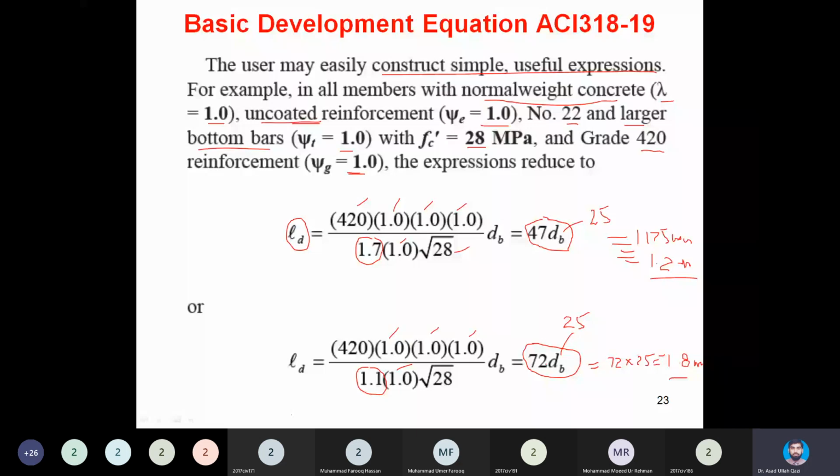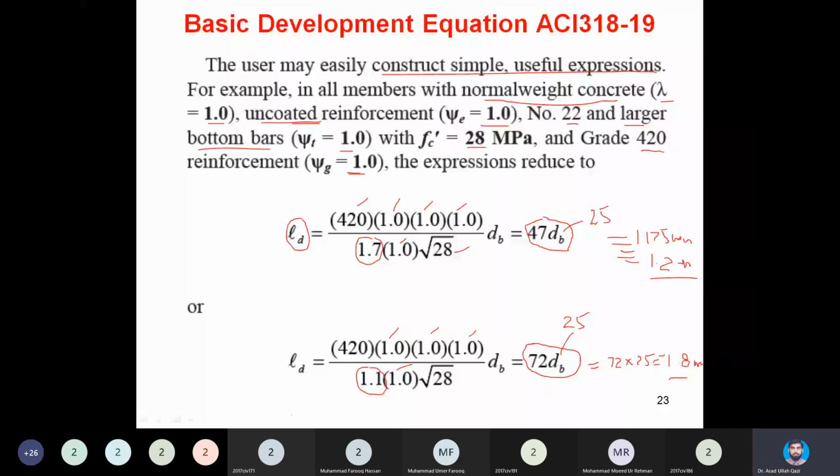Because this LD indirectly tells me that if this much length is provided in the reinforced member, within this length the steel bar will develop, and beyond this length the steel bar can be subjected to Fy. But within 1.2 or 1.8 meter, whatever case is applicable, I can't expect the steel to yield. So this much length will be the zone of development.